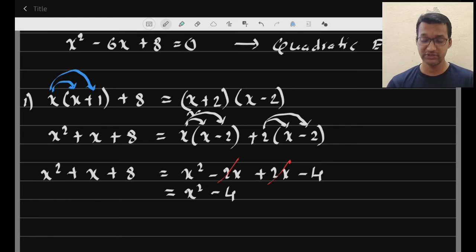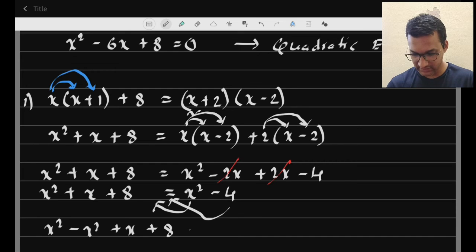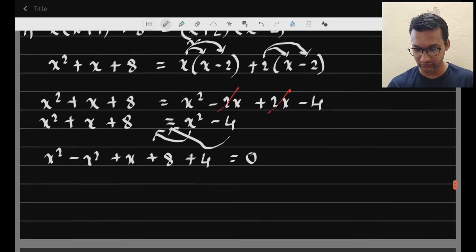So now what we have to do, we have to bring all the terms on the same side. So we bring x square on this side and minus 4 also on this side. x square is plus here, it will become minus, plus x plus 8, minus 4 will become plus 4.